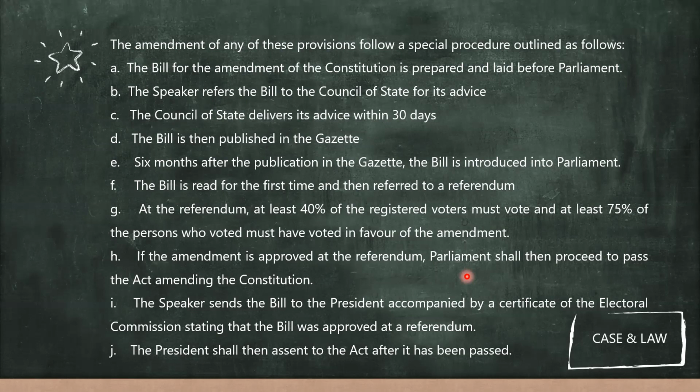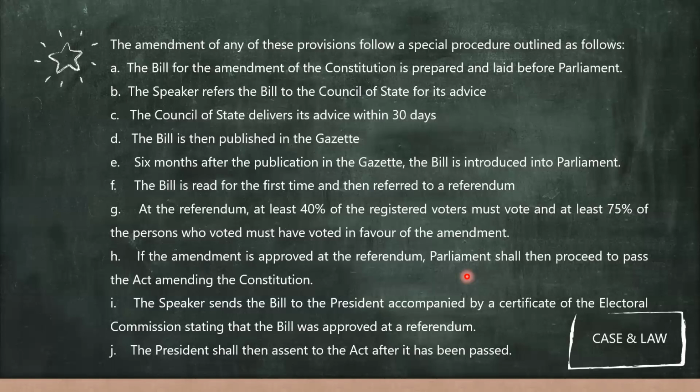Then the bill would be published in the Gazette. I'm sure in constitutional law you have been hearing the word Gazette. It's just a fancy word, really about how documents from Parliament are published.